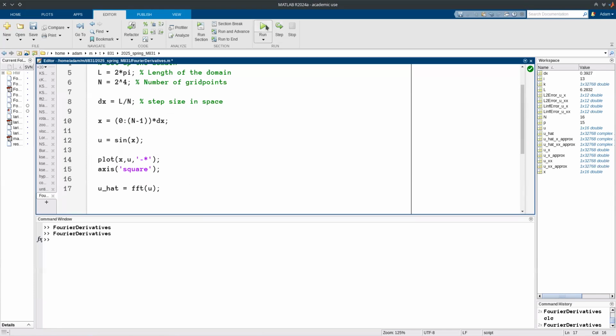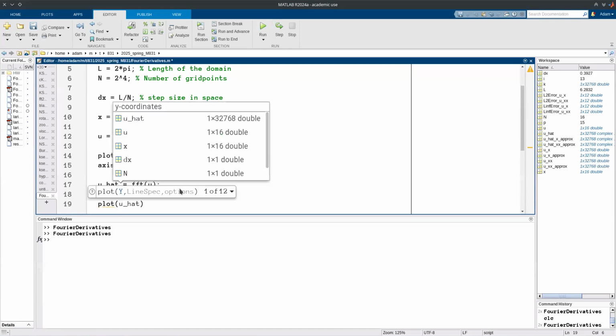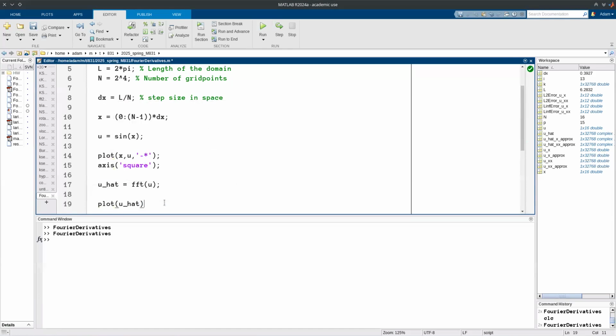So first of all, let's see what this does. If I run it, let's plot it. For now, I'm just going to say plot u hat. MATLAB's autocomplete is helping me. And let's put on some of these decorations here, and keep the square axis.